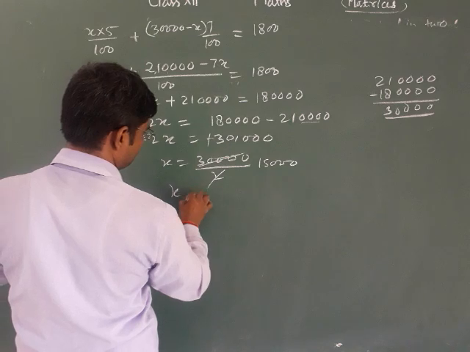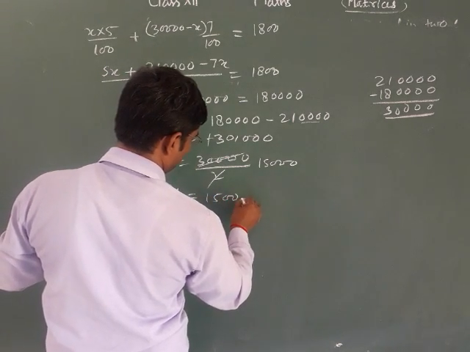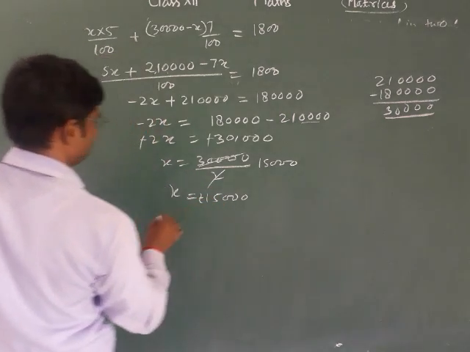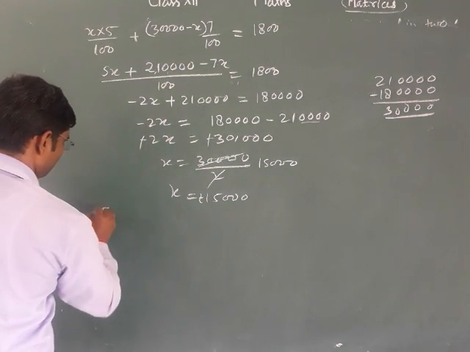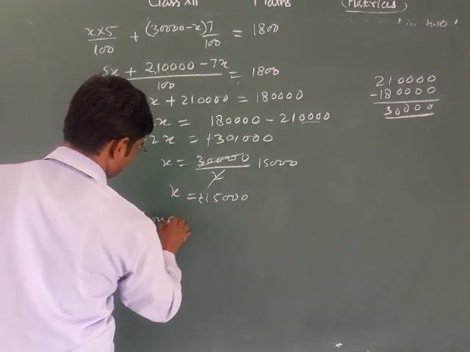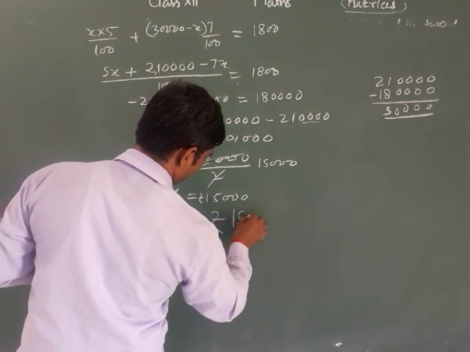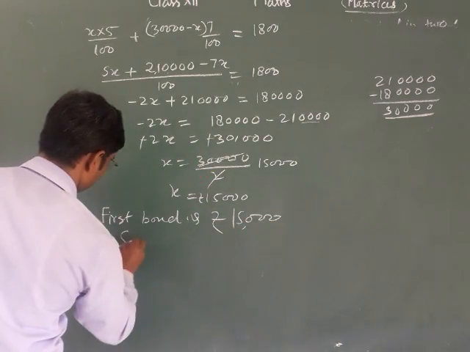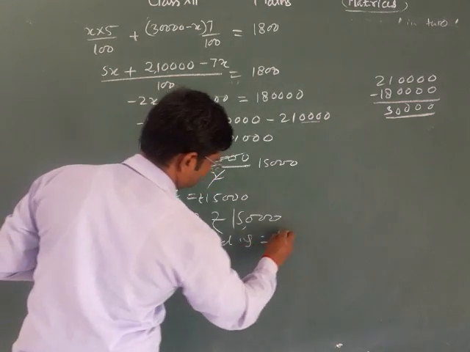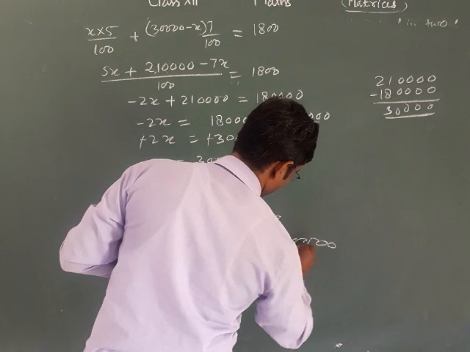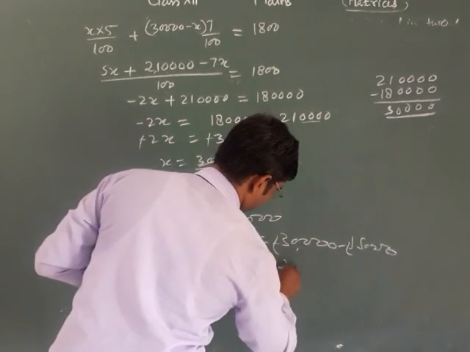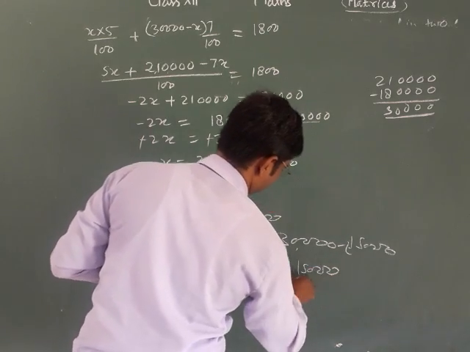So x is equal to 15,000. Therefore the first bond is 15,000 and the second bond is 30,000 minus 15,000, which gets 15,000.